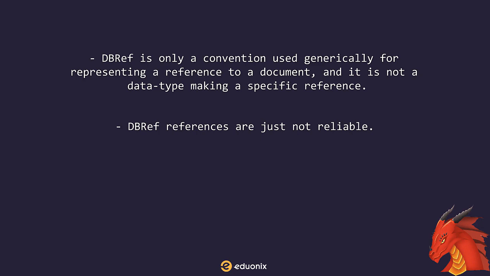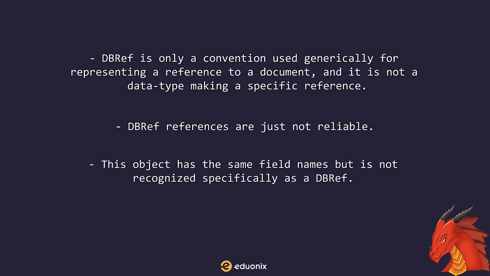If you were to play around with the ordering of the occurrence of field names in a DBRef, what happens is that the DBRef reference unwraps into a JSON object. This object has the same field names, but is not recognized specifically as a DBRef. One does not deliberately have to break the field ordering, as this is set up in the first place by the driver.